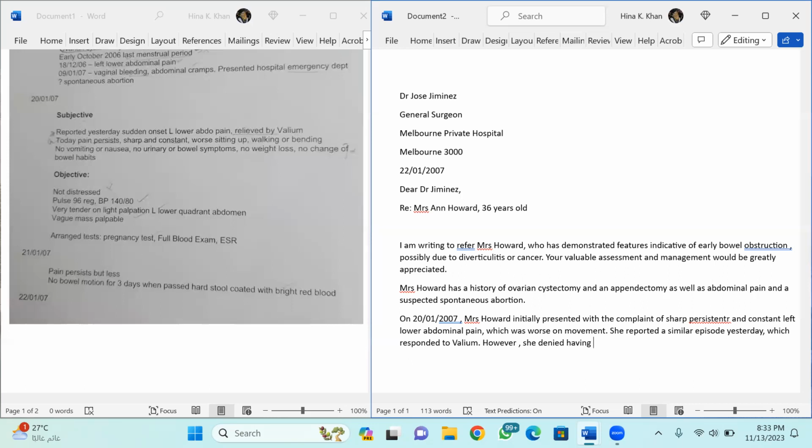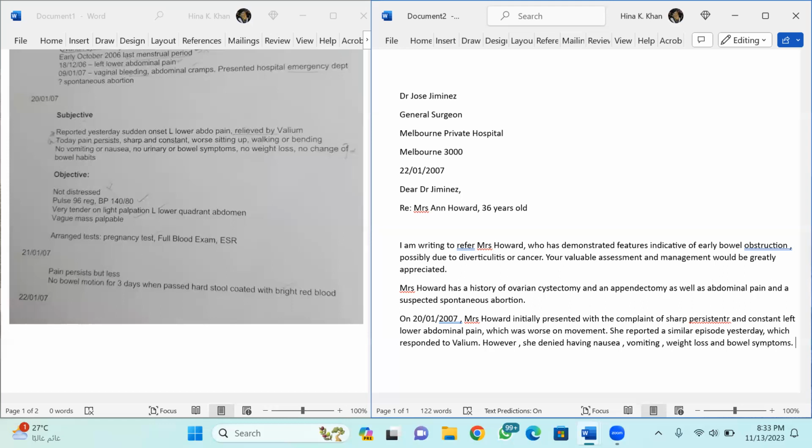However, there was no, or she denied, or however, she reported no, this you can also write. She denied having nausea, vomiting, weight loss, and bowel symptoms. So this is the easiest way that she denied having this.